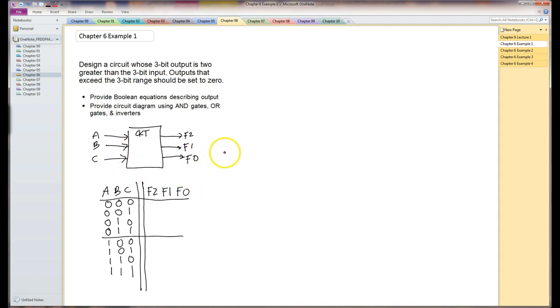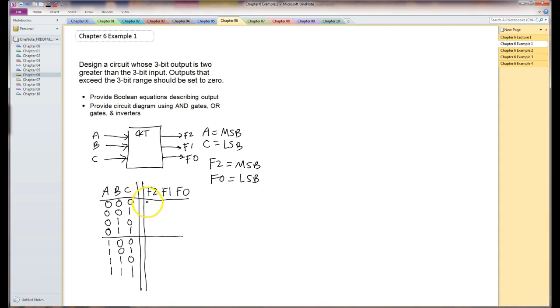Some extra information: A equals the most significant bit, C equals the LSB, F2 equals the MSB of the solution, and F0 equals the LSB of the solution. So we're ready to go.